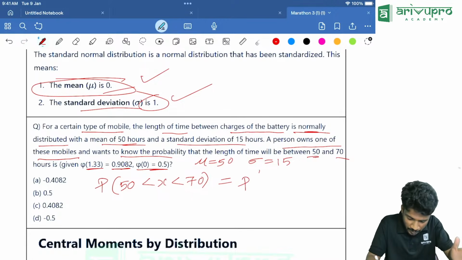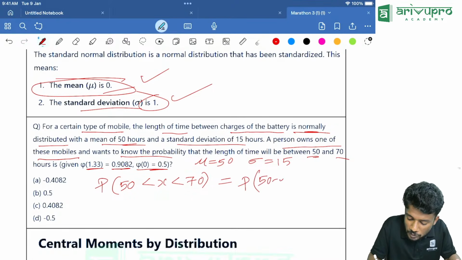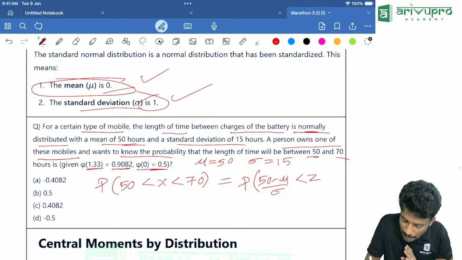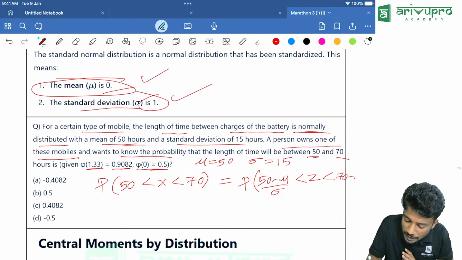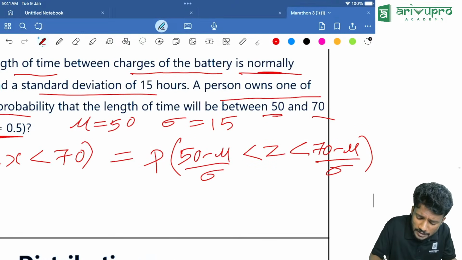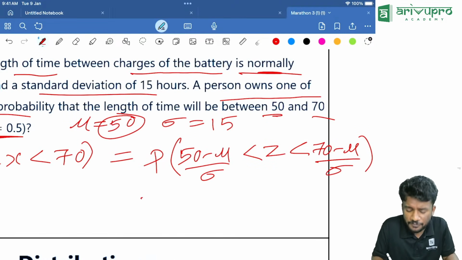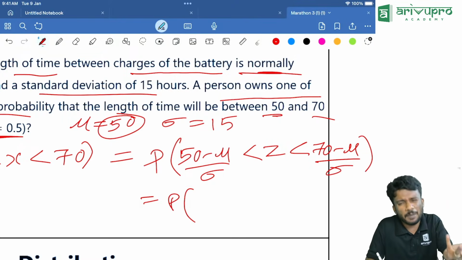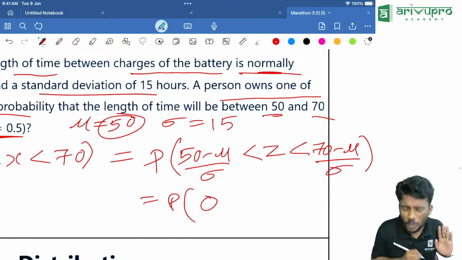P of (50 minus mu) divided by sigma less than (x minus mu) divided by sigma, which is Z, less than (70 minus mu) divided by sigma. Now people, what is the mu value over here? It is given as 50. So 50 minus 50 is what? 0. Any number, 0 divided by any number is what? 0.